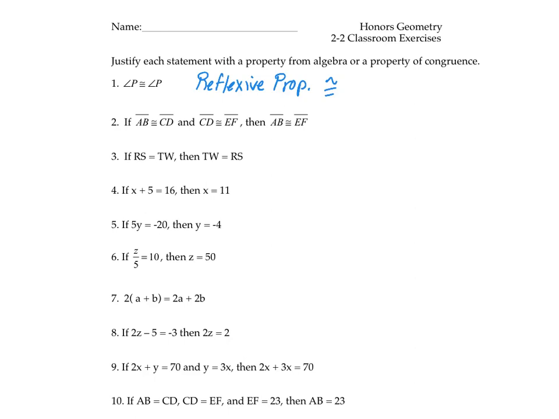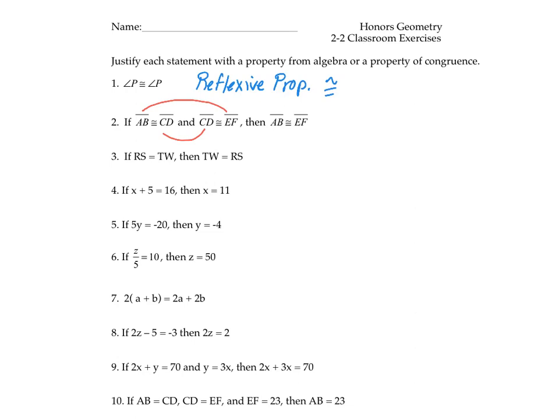All right, and number two, it says if line segment AB is congruent to CD and CD is congruent to EF, then we can make a connection from line segment AB to EF. Now notice that there are congruent symbols. So unfortunately, we can't use substitution. Substitution is only a property of equality.